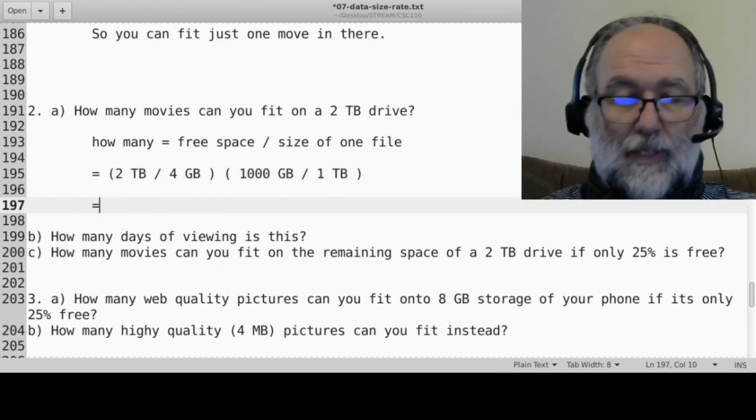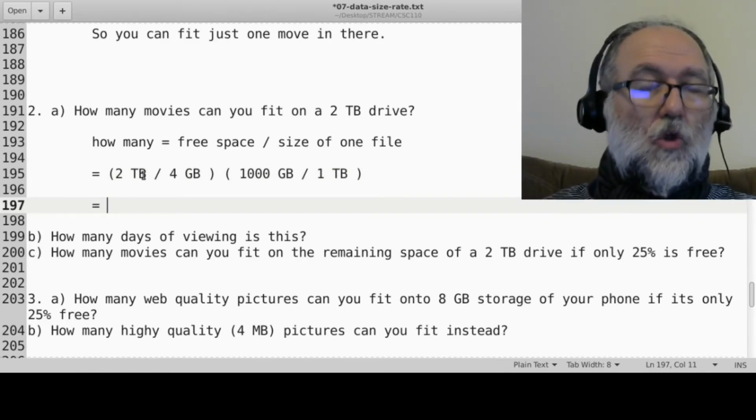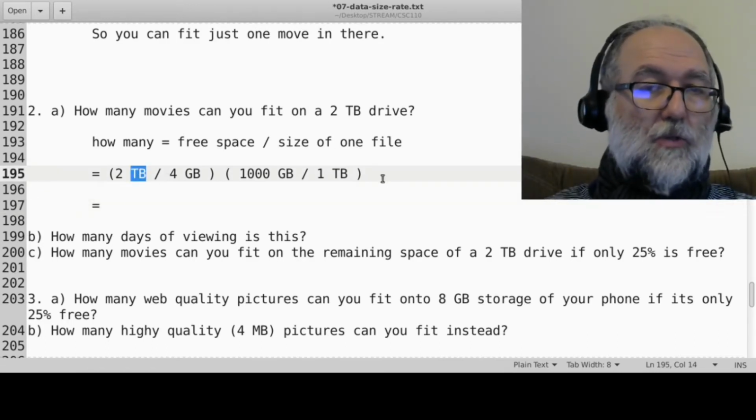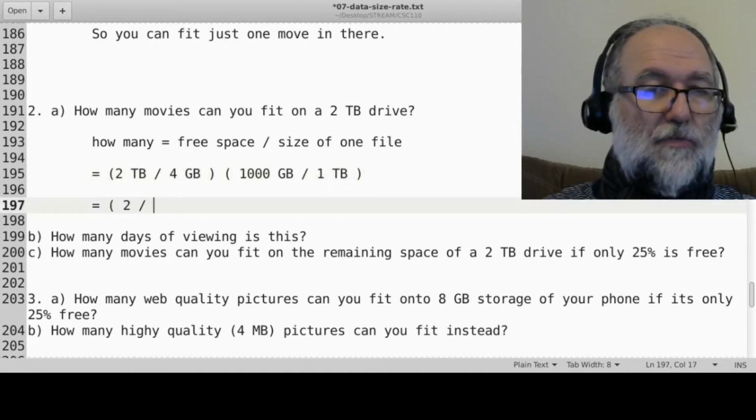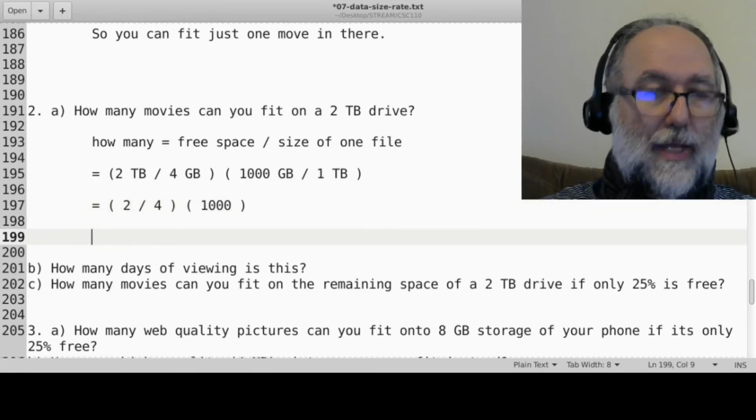You'll notice that all the units cancel out. Terabytes cancel terabyte there, and gigabyte cancels gigabyte there. So if you just get the numbers, you'll have 2 divided by 4 multiplied by 1,000, and that's equal to 500 movies.